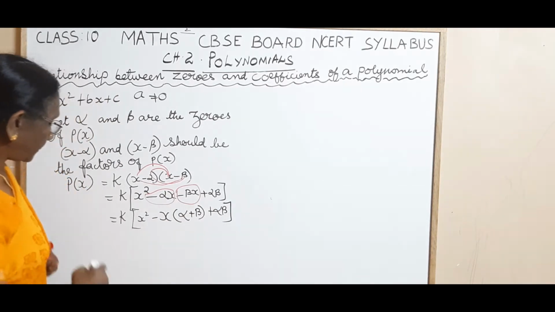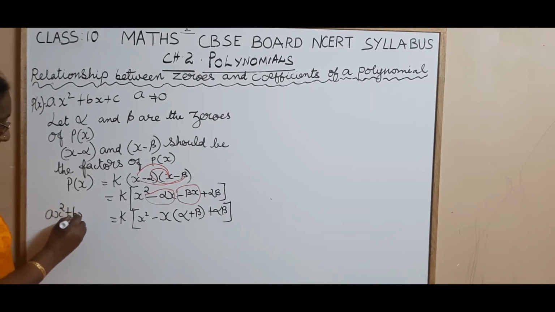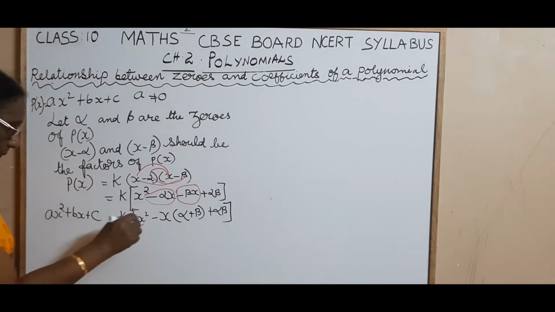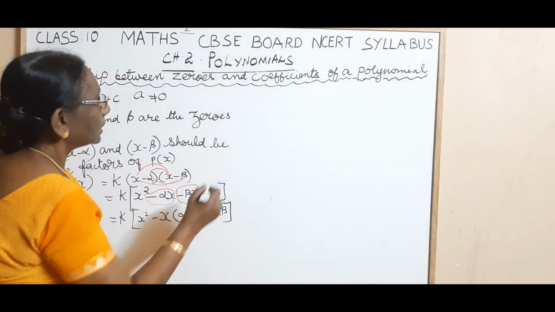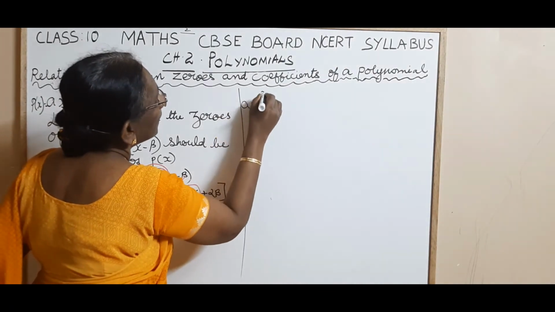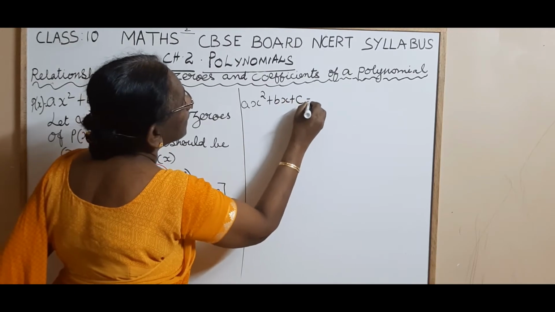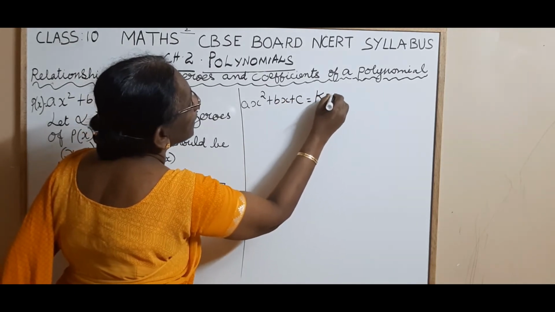But what is P of x? Ax squared plus bx plus c. Now let us write this. Ax squared plus bx plus c is equal to kx squared.